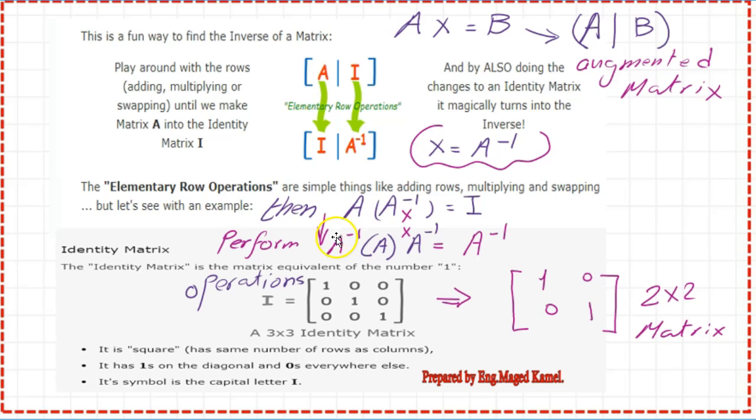We multiply the inverse of A by A, and the inverse of A multiplied by A gives us I, so we come to the relation that I multiplied by the inverse of A is the inverse of A.